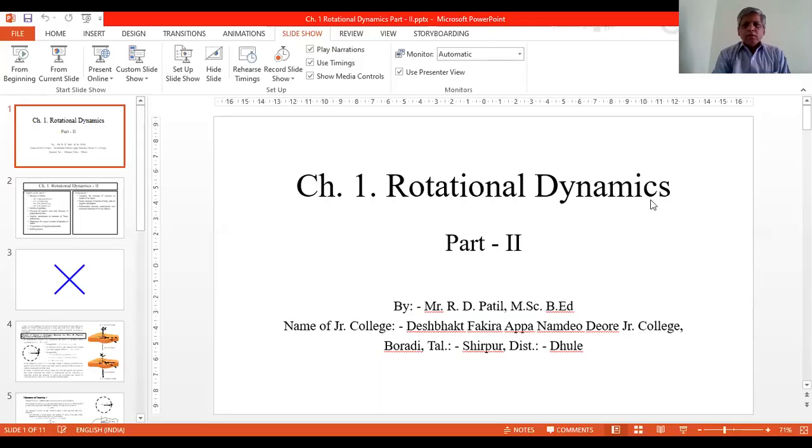In the first part, we learn about circular motion: the characteristics of circular motion, kinematics and dynamics of circular motion, applications of horizontal circular motion and vertical circular motion.